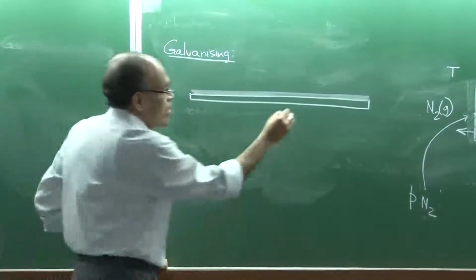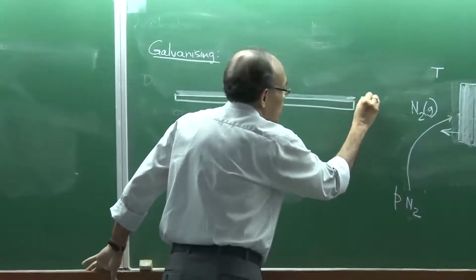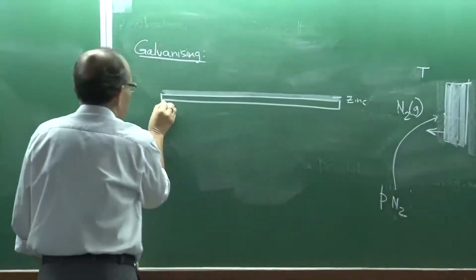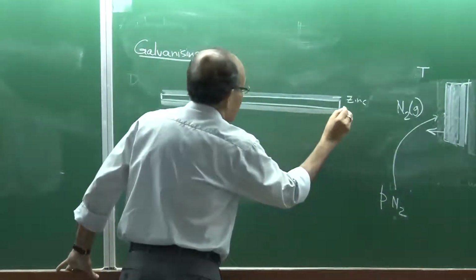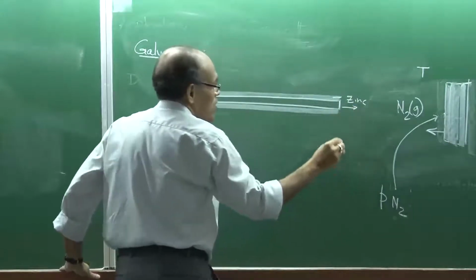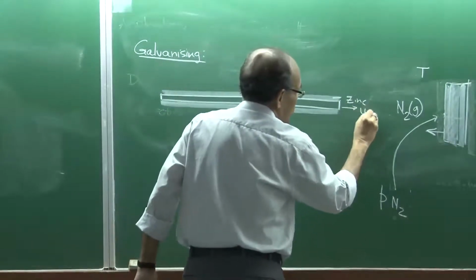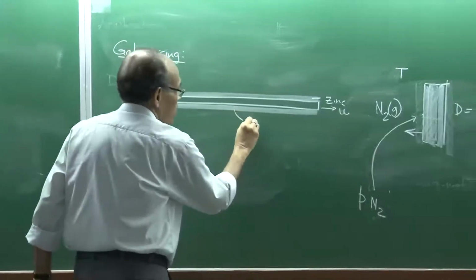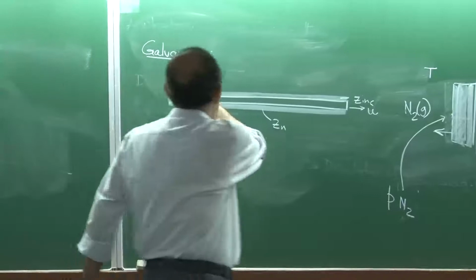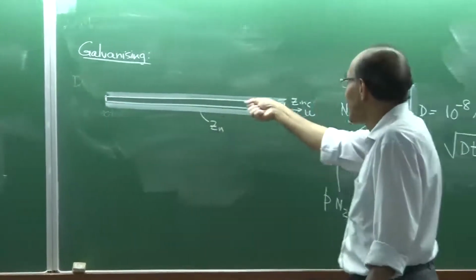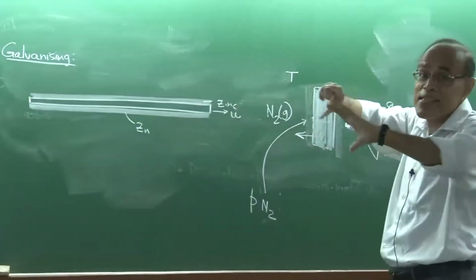This is the zinc, and the coating is on both surfaces. So when you move a plate at a certain speed through a zinc bath, if the temperature is right and it is drawn with a speed, then the zinc layer solidifies on it. The moment you put it into the liquid and it comes out of the liquid bath, the zinc solidifies.